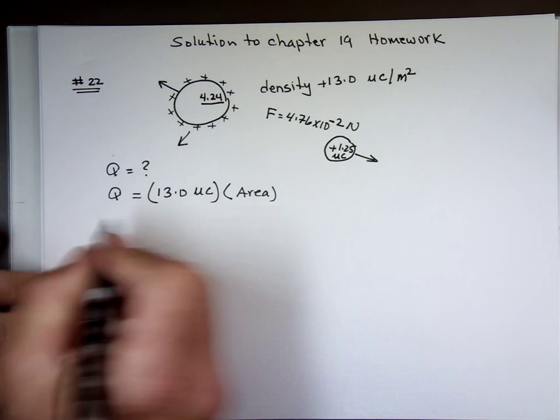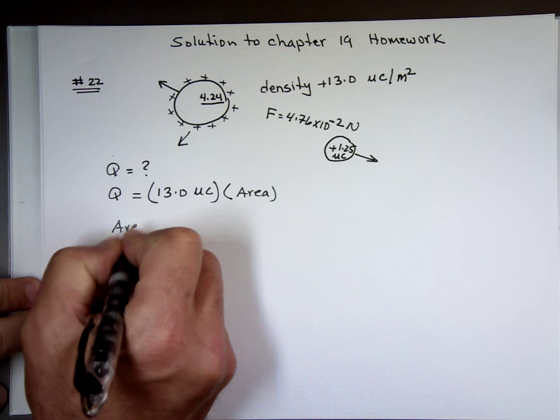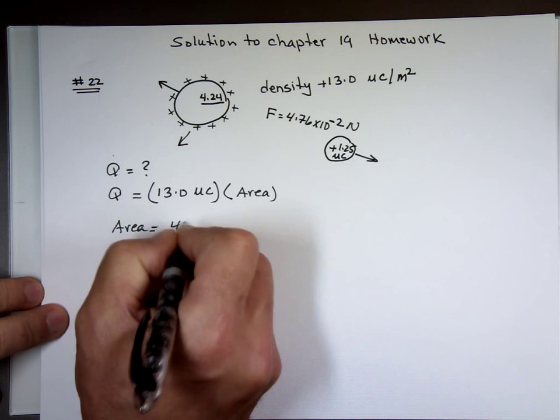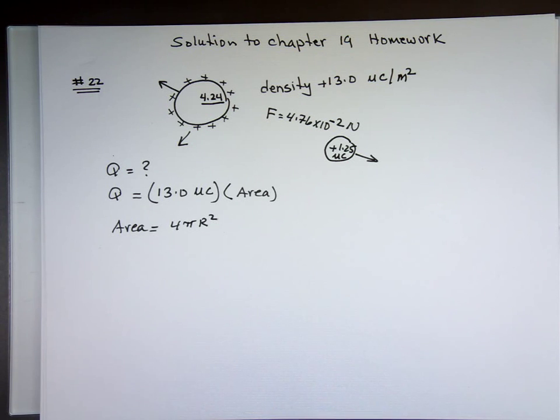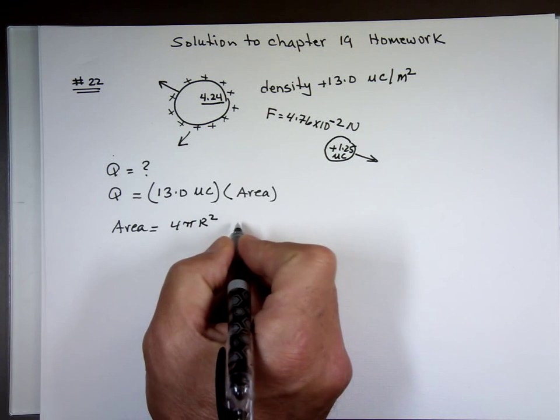The area of a sphere, I think, is 4 pi r squared. If you Google that, you end up with the area of a sphere, 4 pi r squared. I'm almost positive of that. I should check it, but I'm lazy.